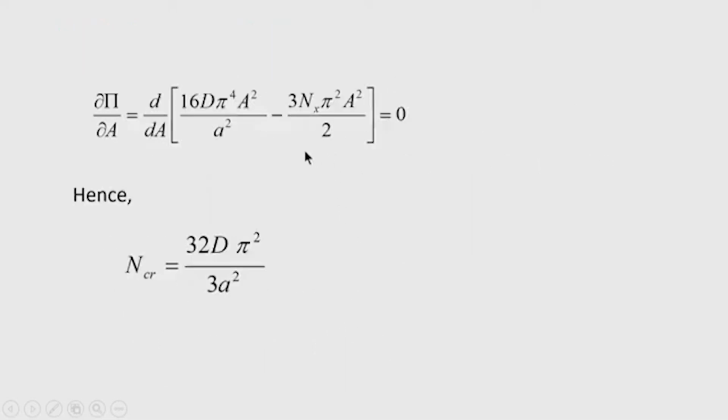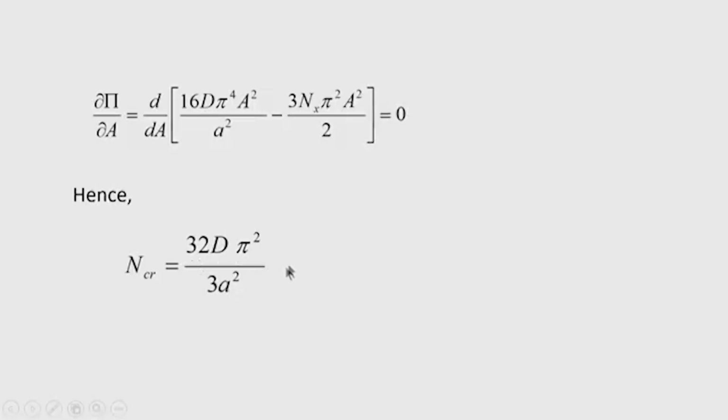After differentiating and treating A as not 0 for a non-trivial solution, we get the critical value of the load as 32 D pi square by 3 a square.